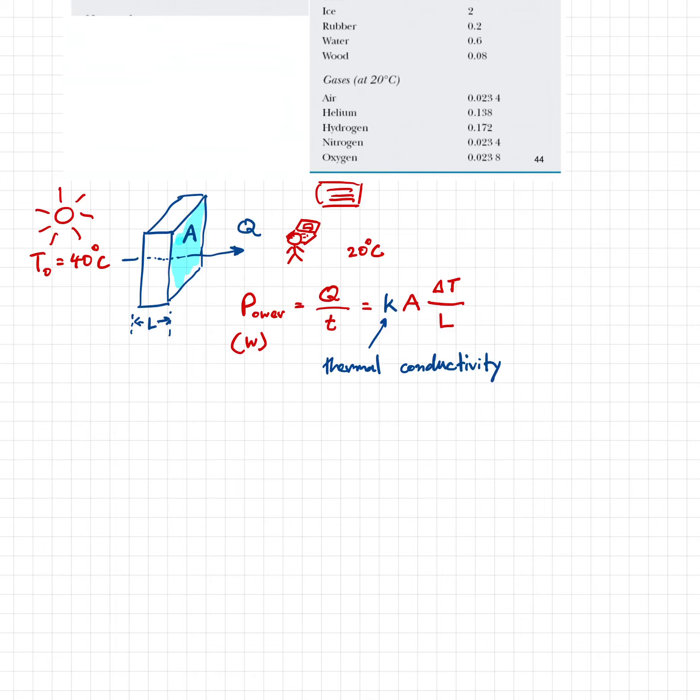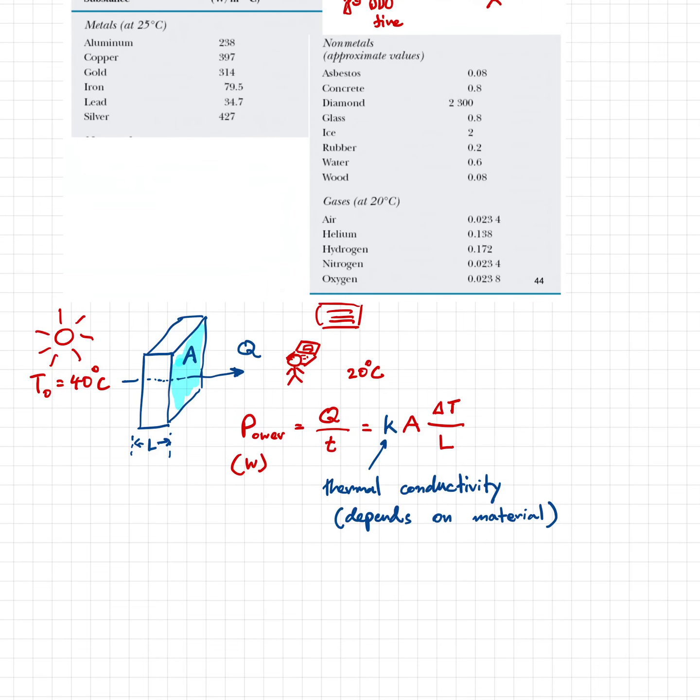And this is just like specific heat, a parameter that depends on material. So different kinds of material, how do you account for that? Well, it's going to appear here. K is going to be the thing that you use to describe different kinds of material.